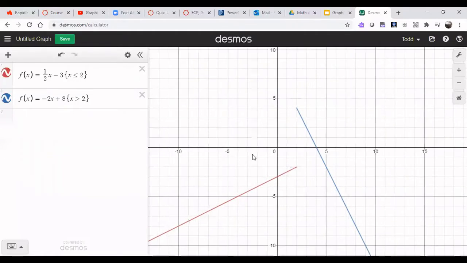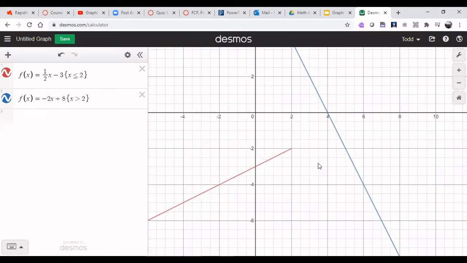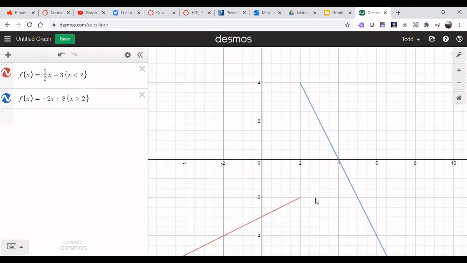So these functions, and we're going to be talking about continuous a lot, but if you have to pick up your pencil at the end of one to go to the other, these are not continuous functions, which means, I'm going to zoom in, only one of them counts at 2, and it's the or equal to one. So we have to show that, or you're going to see that.